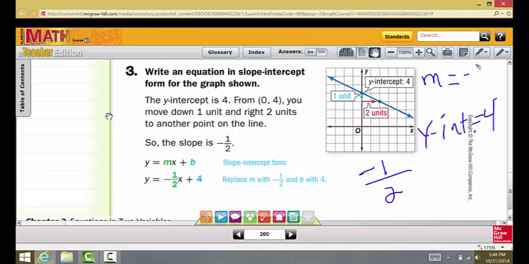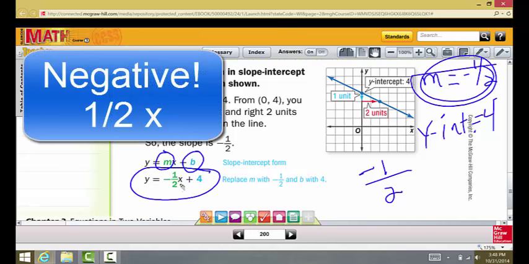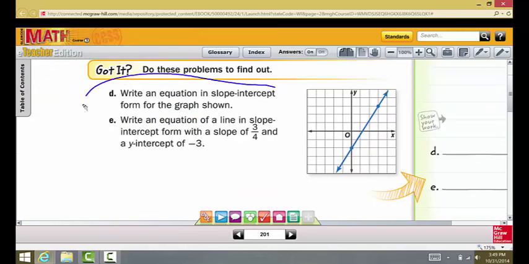So our slope is -1/2. So when we go to write our equation, our slope is here and our y-intercept is here, and we end up with the equation y equals 1/2 x plus 4 because our y-intercept is 4 right here. Please press pause and do letters D and E.